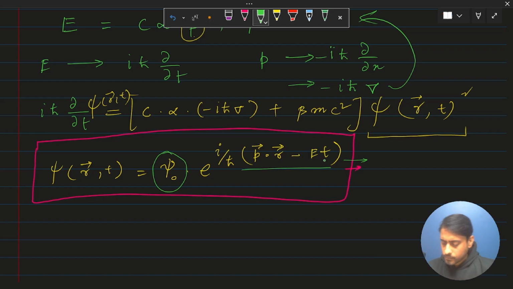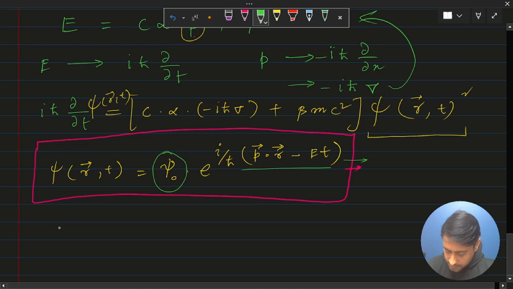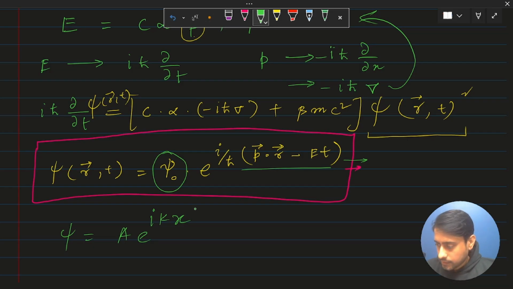But you know that we started with the trial wave function as psi equals A e to the power i k x. You know that this is a wave function represented at any time t.